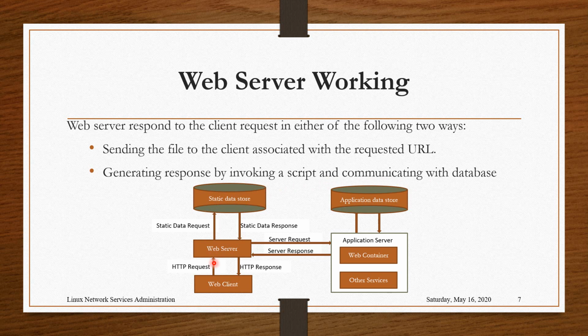Now to explain this diagram, whenever the web client, the end user, looks for web pages on the web server, it will request with an HTTP request. Then the web server will look into the static data store for the web pages requested by the web client, and respond with what it has found in the static data store to the web client with the HTTP response.